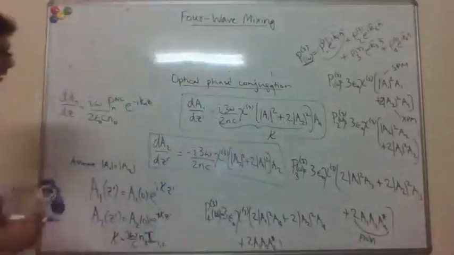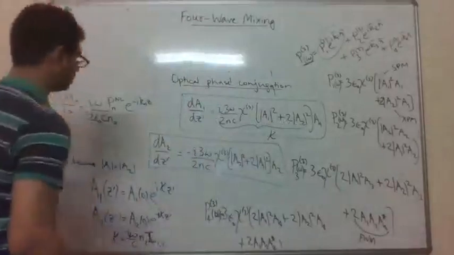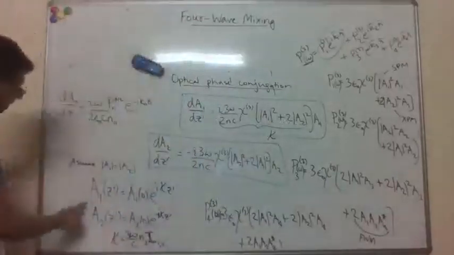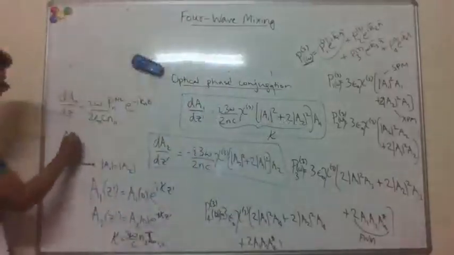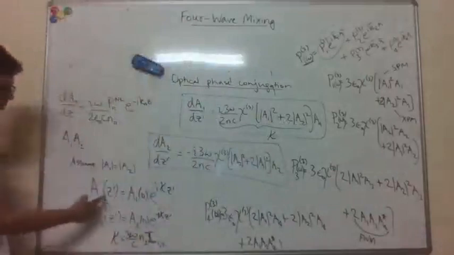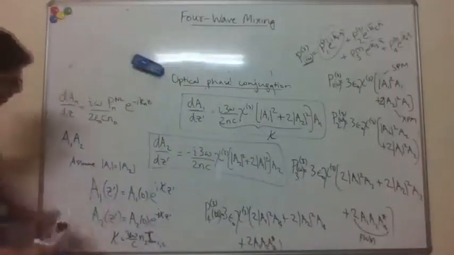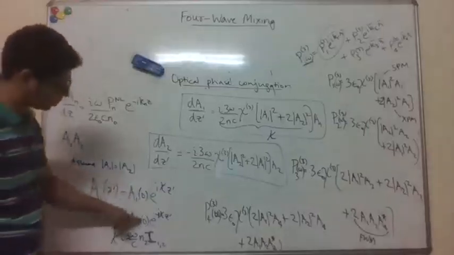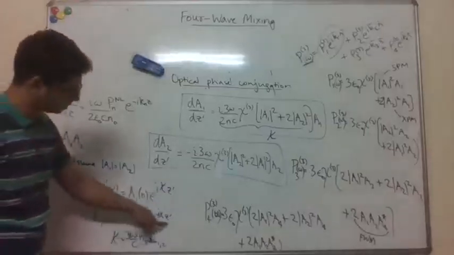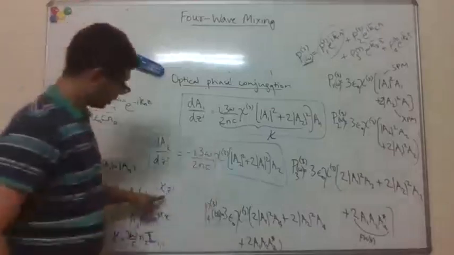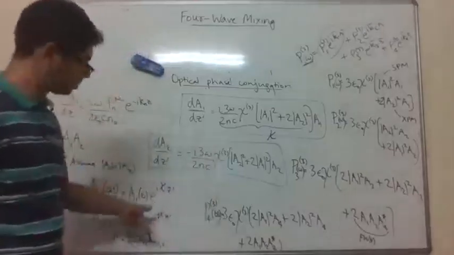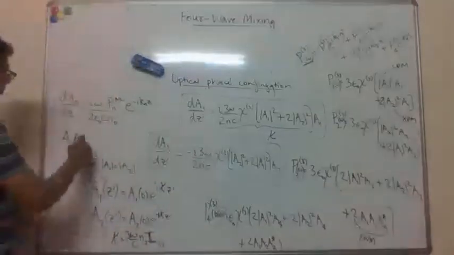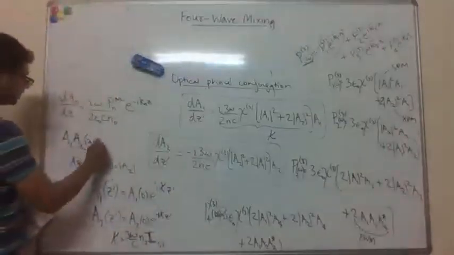So what does this mean? This means that A1, A2 basically doesn't change with propagation, right? So A1, A2 at any z prime is the same as A1, A2 at 0 because they're counter propagating and acquire phase shifts in opposite signs.